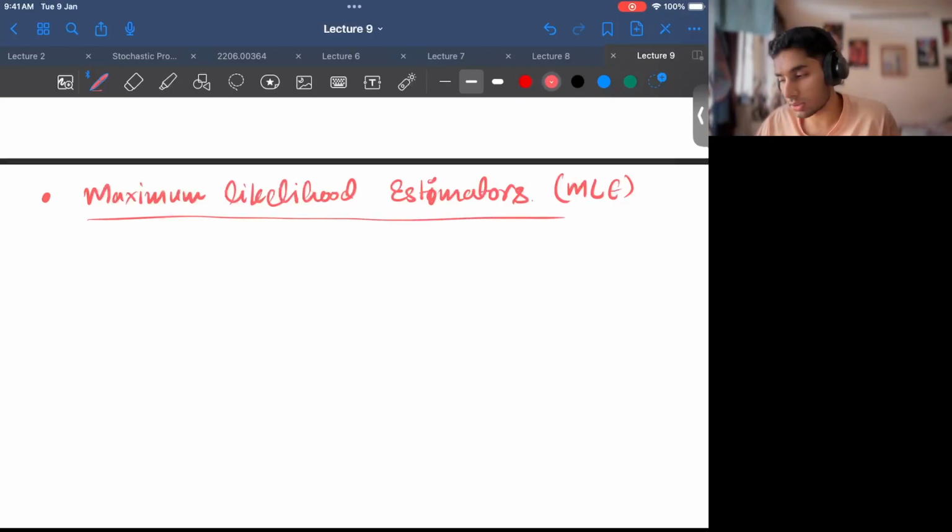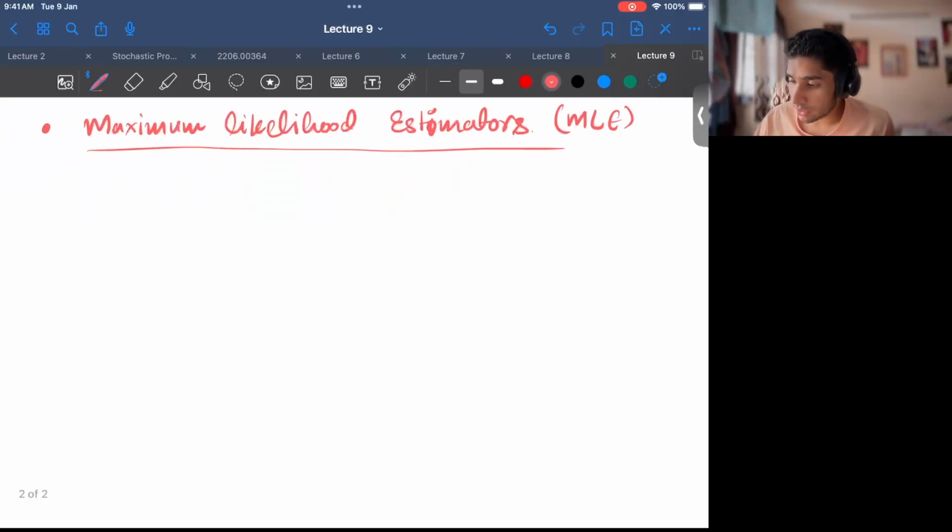Again, something which is very commonly used in a lot of applications, especially nowadays in machine learning, with ML and AI models basically based on MLE estimators. So they heavily rely on these things. So yeah, again, an important topic.